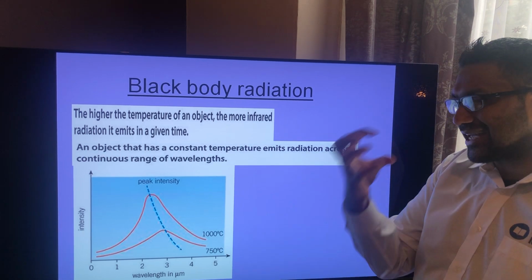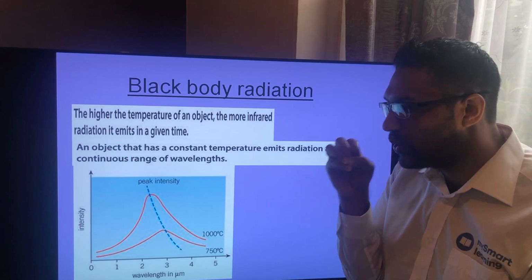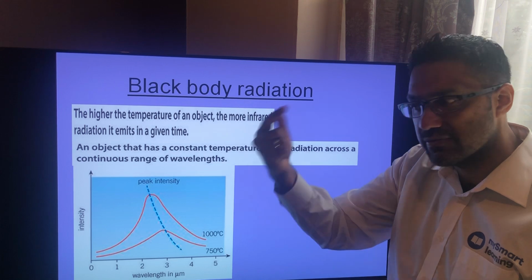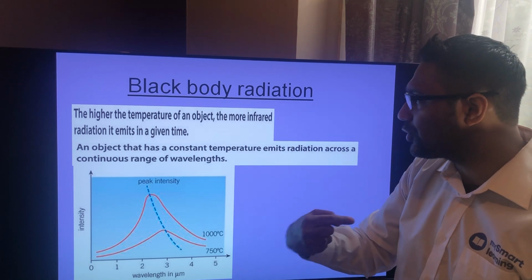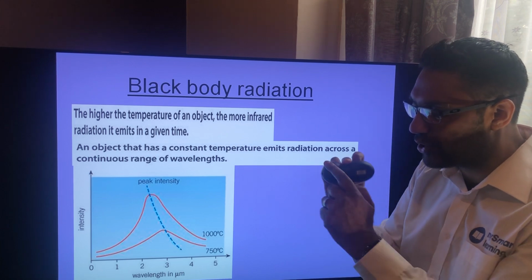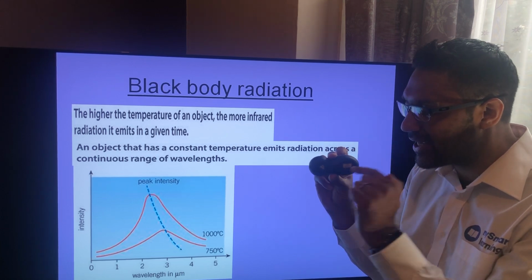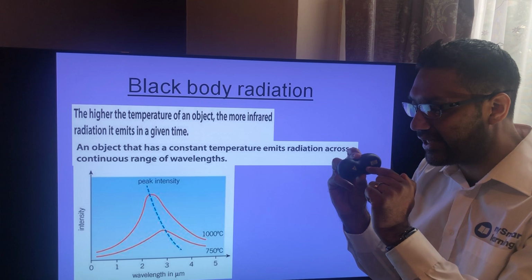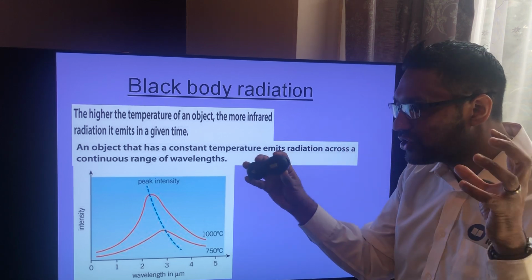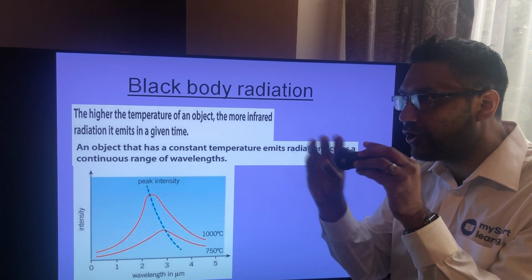So an object that is pure black will continually absorb heat from its surroundings. So it's a pure black body, so it will just keep taking in energy, because most things will take in and also give out, but black body radiation will just constantly keep absorbing and not give out on the other side.